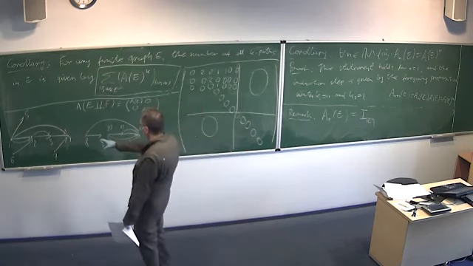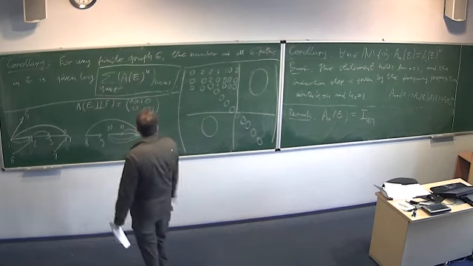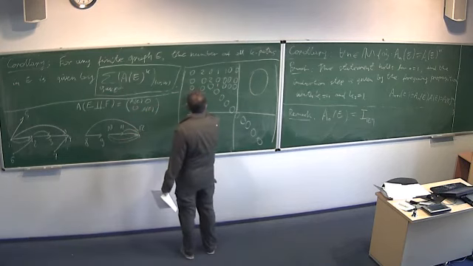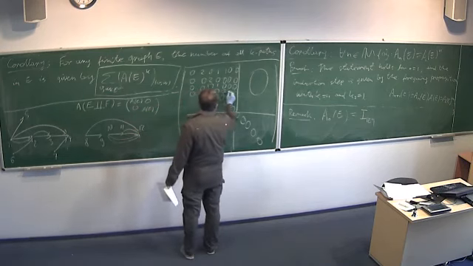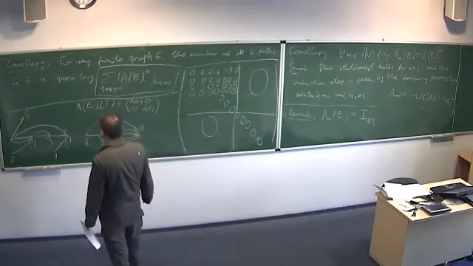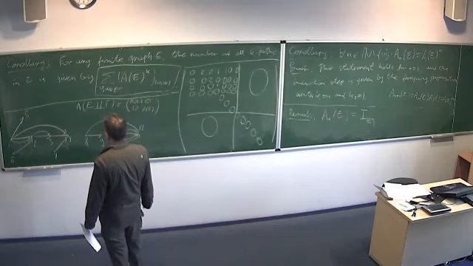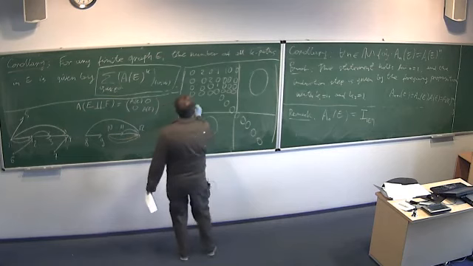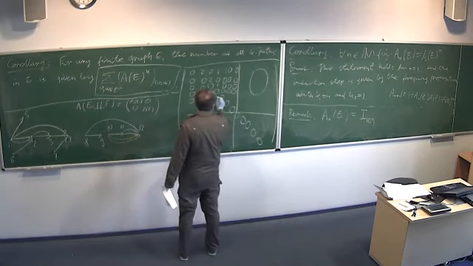Now 4 is a sink here. Nothing starts here. So here I just have zeros. 0, 0, 0, 0, 0, 0. Okay. Now 5 is also a sink. 0, 0, 0, 0, 0, 0.